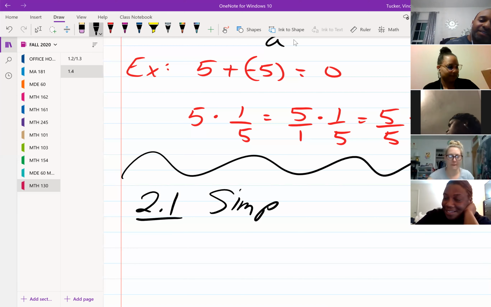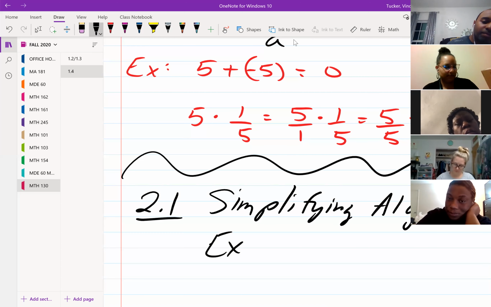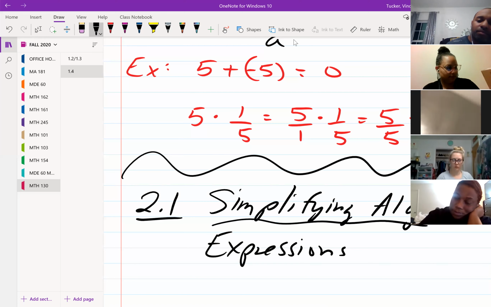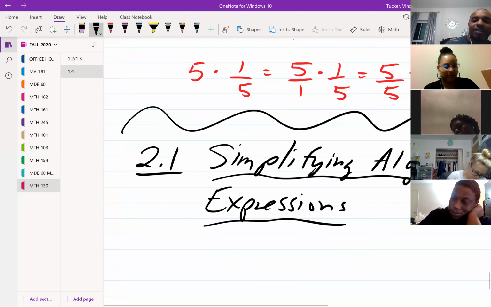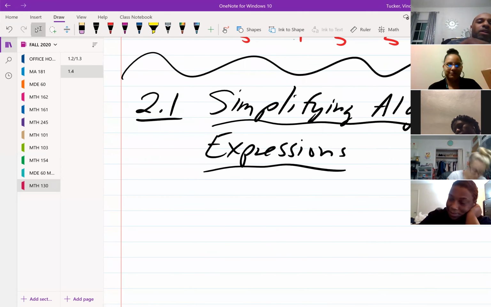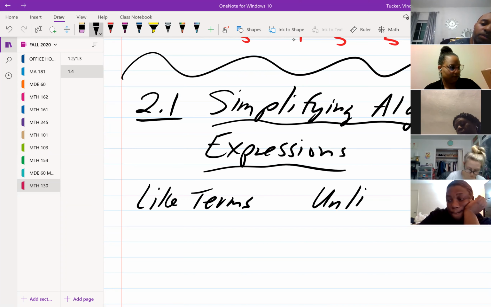Simplifying. So simplifying algebraic expressions. Yeah, I got lazy on the algebraic, but that's what it is for us. So we're gonna start off talking about like terms versus unlike terms.